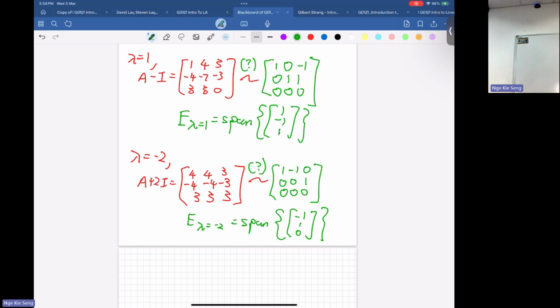I think the second one is easy to see, right? Get rid of one row using the other. And then the difference between the other two rows is 1 minus 1. Yeah, so it should be 1 here.